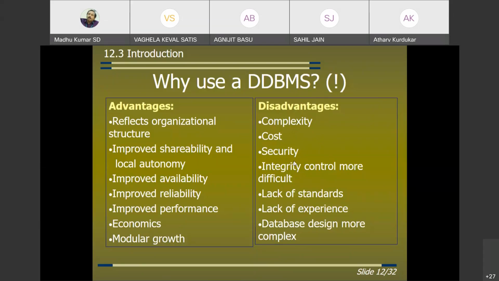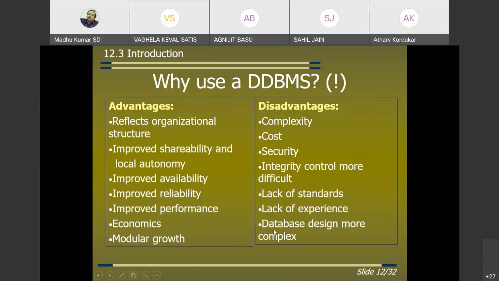Integrity control will be difficult, it will be difficult to implement standards, and there will be a lack of experience. Database designs will also be more complex in the context of distributed database management systems. These are some of the disadvantages or demerits of DDBMS.